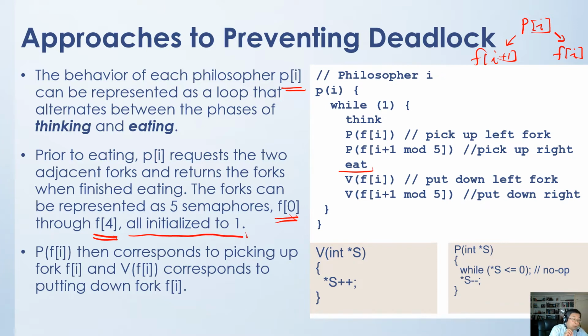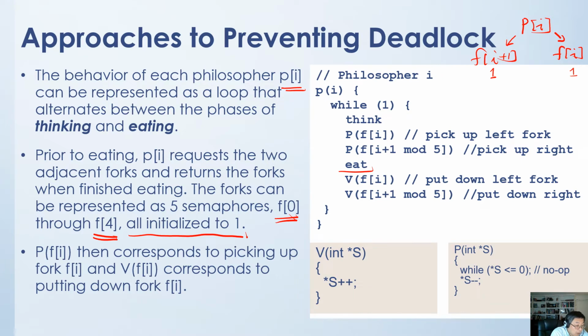So you have a total of 5 semaphores, all initialized to 1. In this particular case, Fi is initialized to 1, and Fi plus 1 is also initialized to 1. These are 2 semaphores. Now let's take a look at the implementation of this semaphore solution.